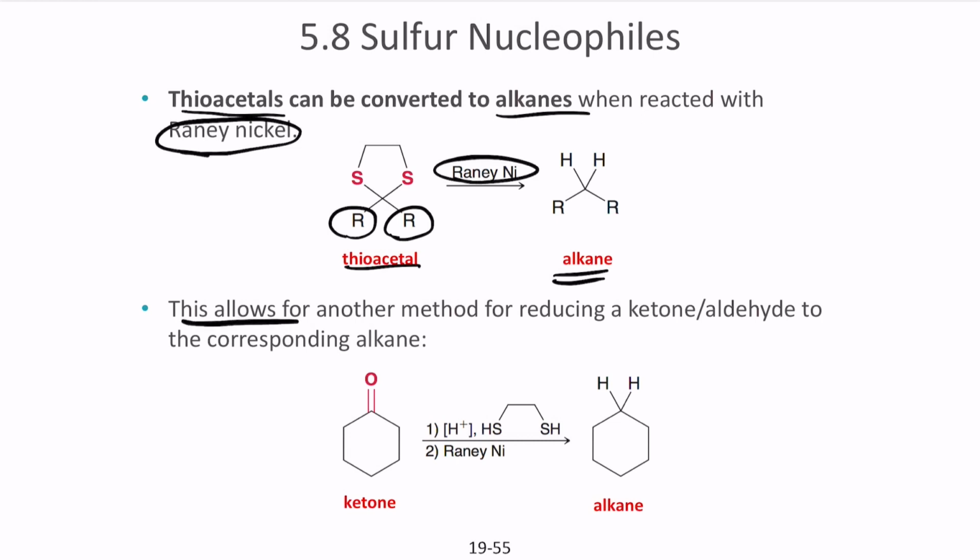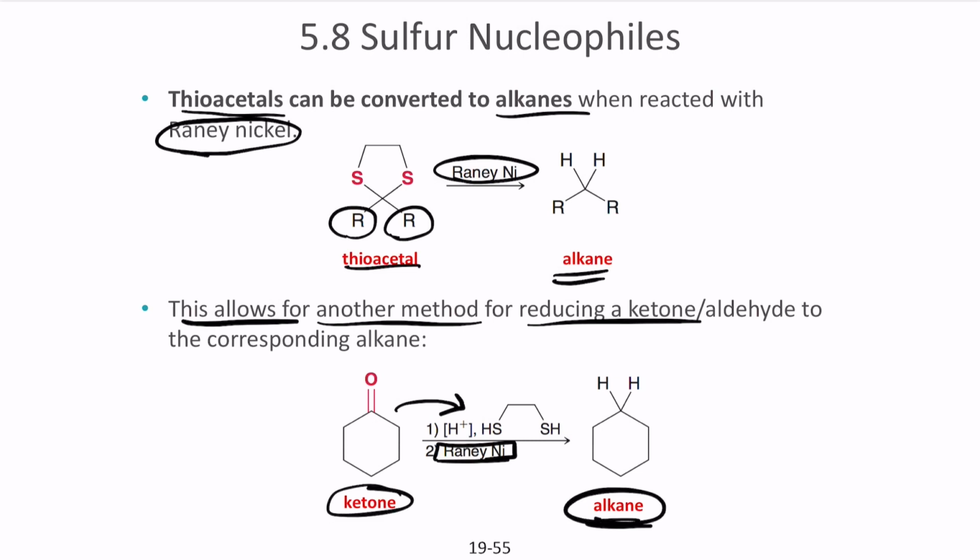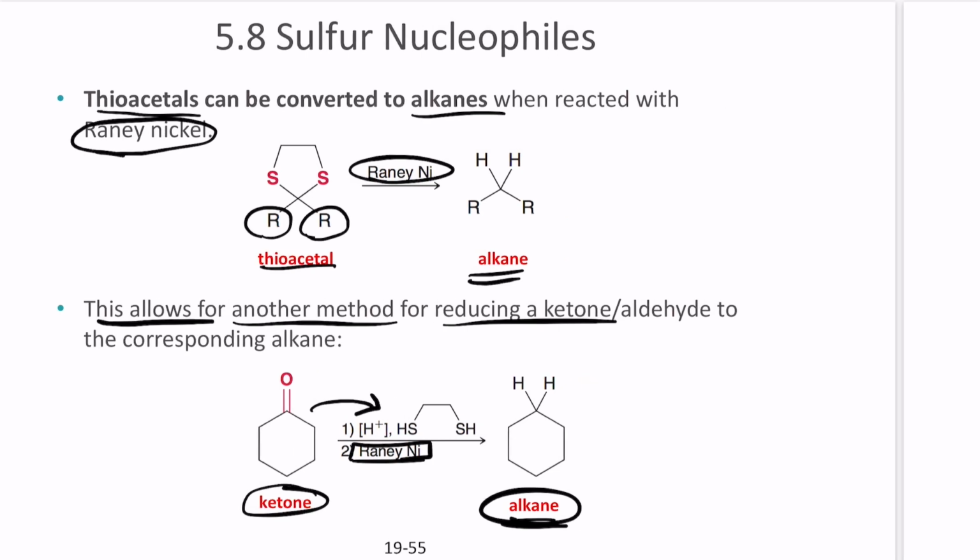So this allows another method for reducing a ketone or aldehyde to the corresponding alkane. The first process is thioacetal formation, and then you get a Raney nickel reduction. Raney nickel reduction finally results in the formation of an alkane. So this is a process where you can convert a ketone into an alkane. Remember this process because it can help in understanding synthesis problems.